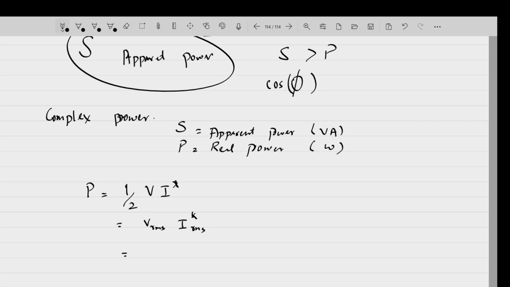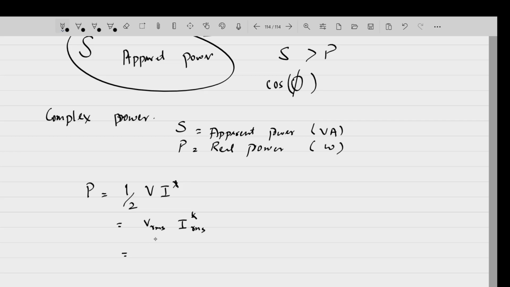So now in terms of phasors, we have defined the average power as 1 half of V I conjugate, or in terms of RMS values, with RMS also being phasors, V RMS into I RMS conjugate. So these are phasors.